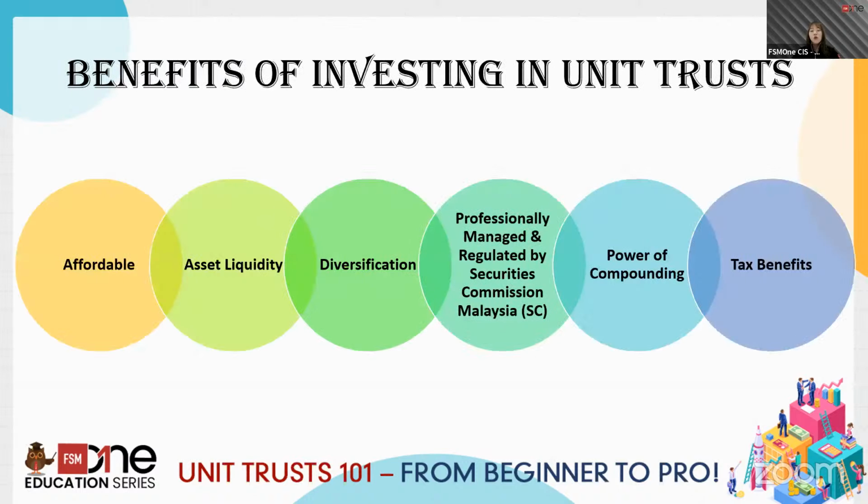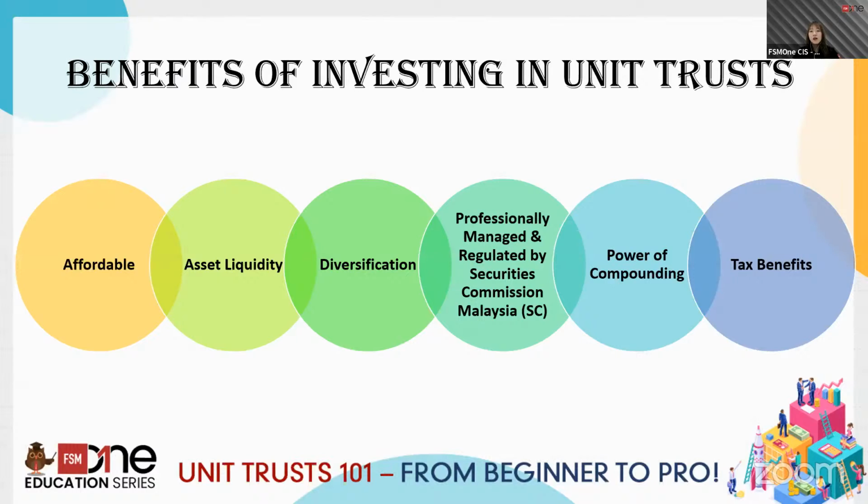So when investing in unit trust, there are a few benefits that investors will have as an advantage. The first advantage is affordability. Anyone can have a unit trust fund due to its low capital investment. It requires only a minimal investment amount, for example, 100 ringgit or 1,000 ringgit, and an investor can use a small sum to buy into a well-diversified portfolio.